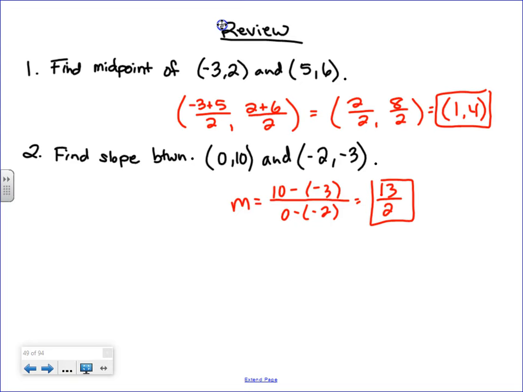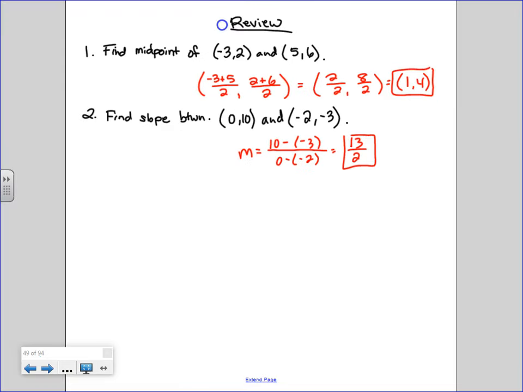Real quick, does it matter which direction you go as long as you go the same way for Y's and X's? No, doesn't matter. Most of you probably went the other way. I just wanted to show going this way it still works. You just got to keep it straight. All right, pass. New person.